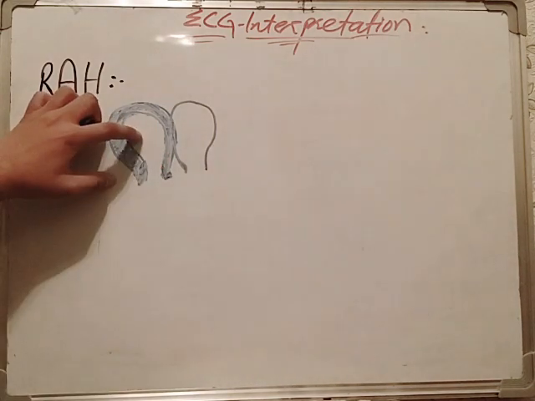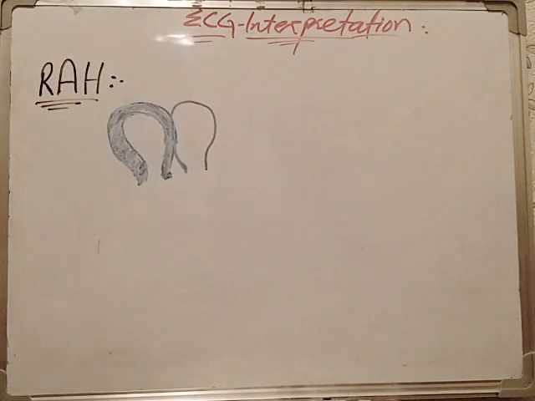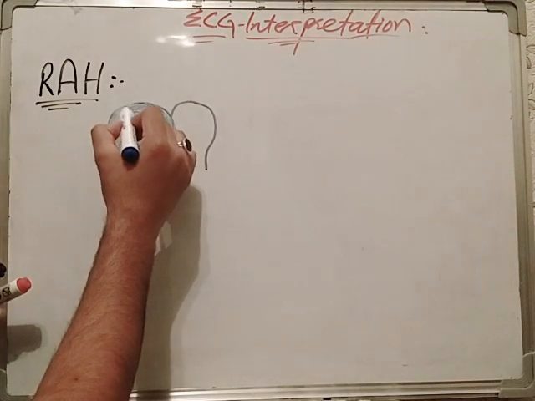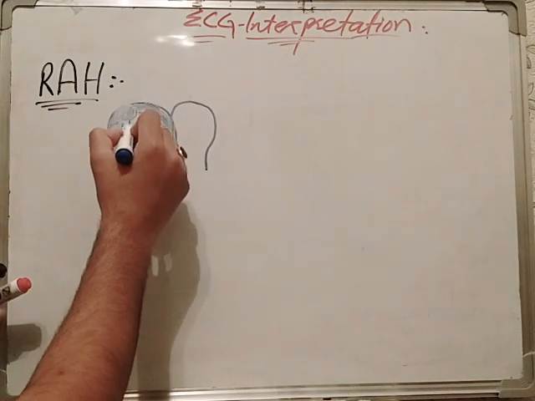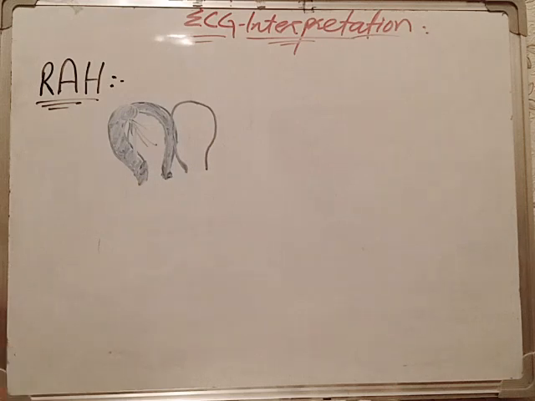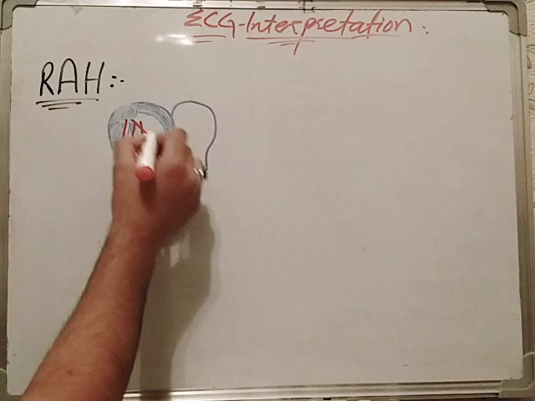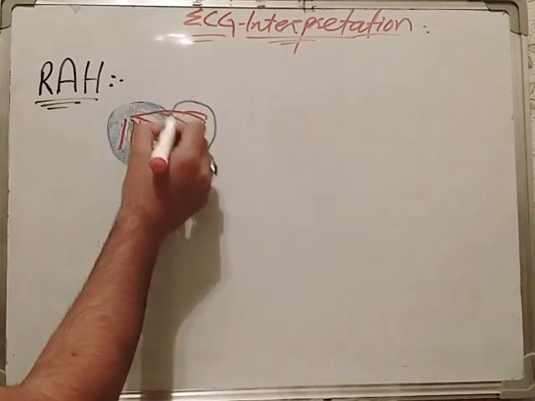Once it has to do more work, it becomes hypertrophied and increases in size. So there is generation of impulses from here, and these impulses spread over the whole muscle of the right and left atria.